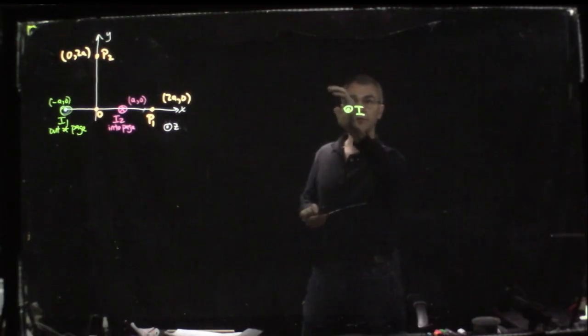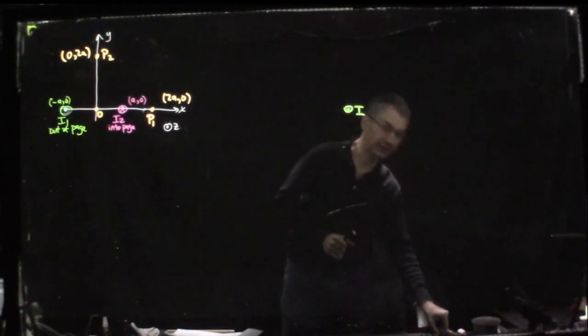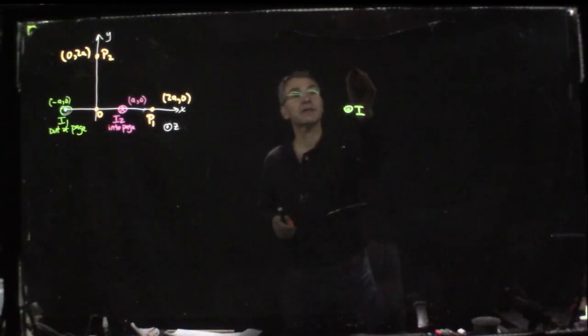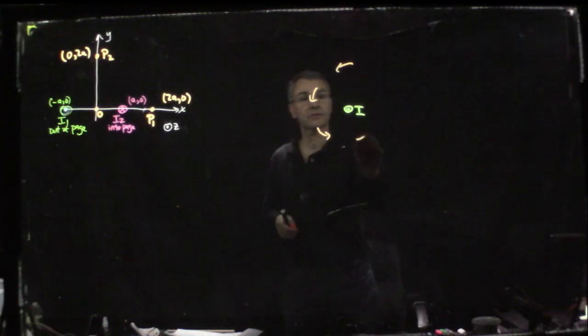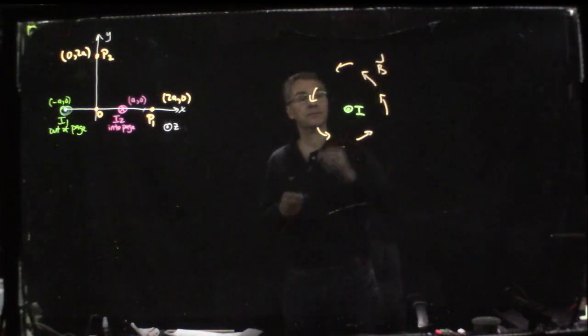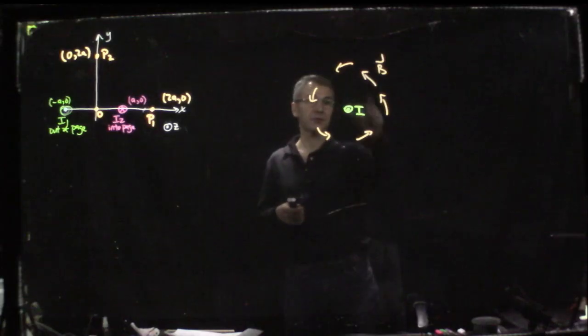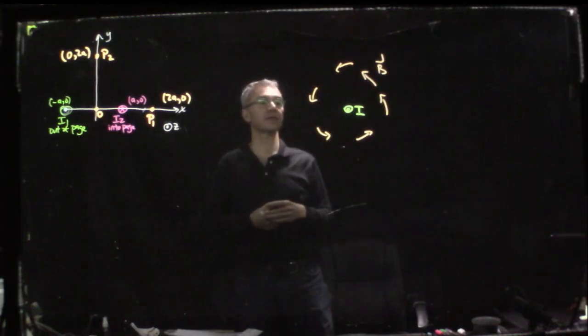And the fingers of your right hand then curl in the direction of the resulting magnetic field. So the magnetic field is like this. Okay, so we have magnetic field lines that encircle the current.